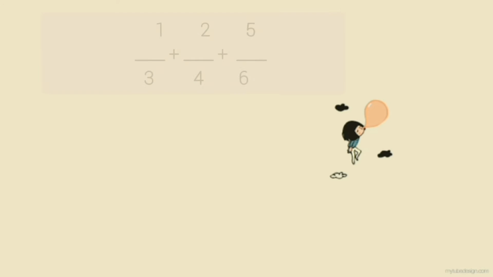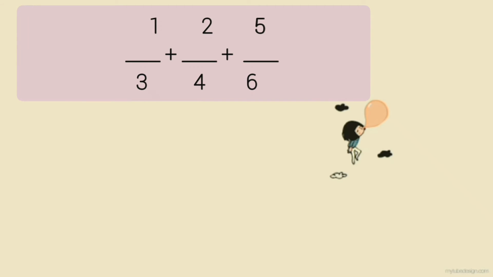Let's see the addition of three fractions by finding the LCM. It is an easy method when we don't know how to find the LCM. Just multiply the denominators with each other and find the least multiple, which is our LCM. We multiply the denominators with each other, and 12 is the least common multiple of these three numbers.